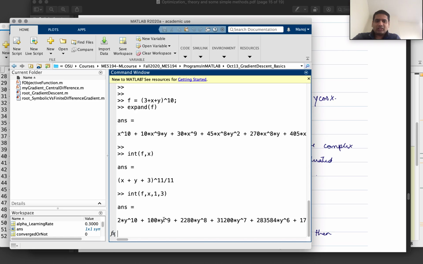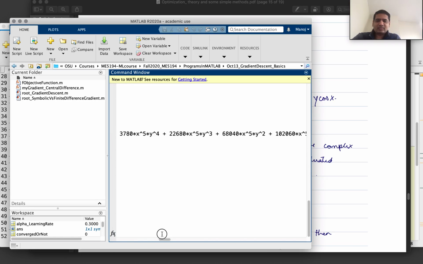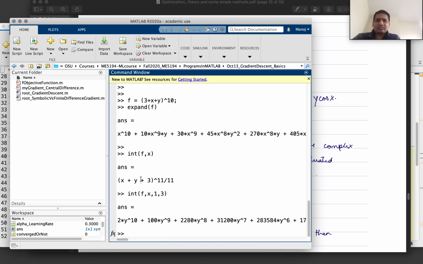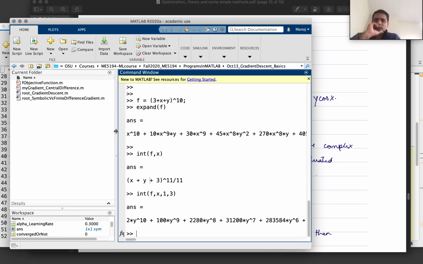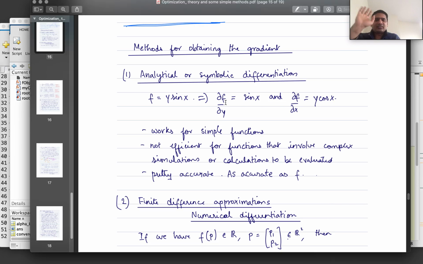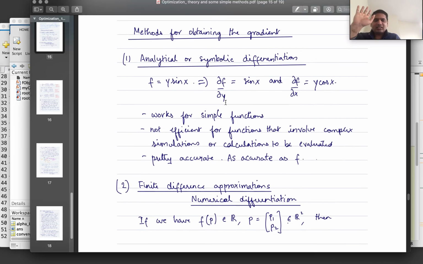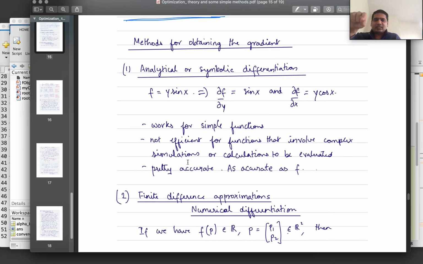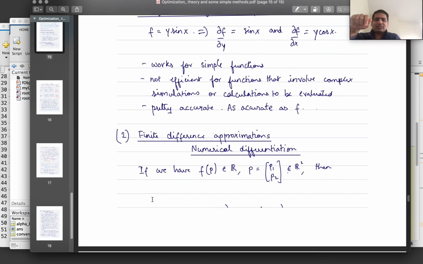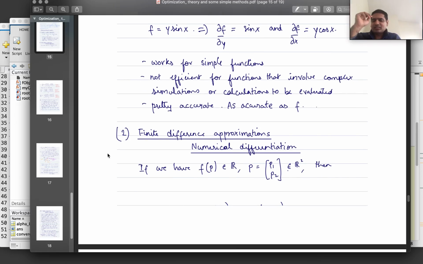Okay, so now it plugs in those limits, does the right thing, so that's a definite integral. Previously it was an indefinite integral. Okay, so symbolic can be very useful. So that's one way of doing derivatives. Okay, in the next little video we'll talk about the next method, and then we'll talk about a third method for computing derivatives.